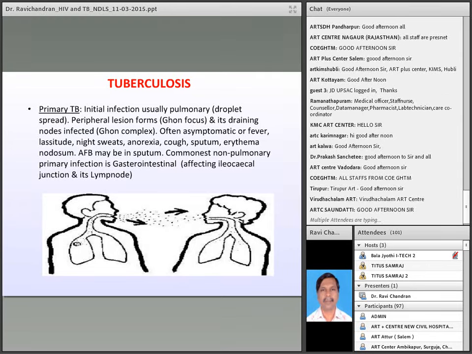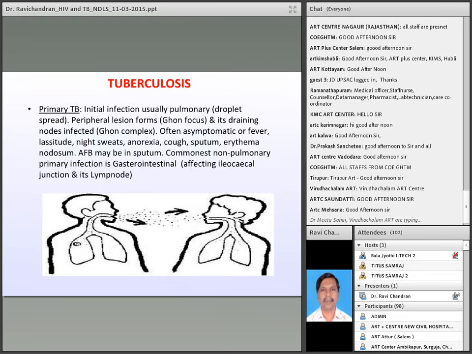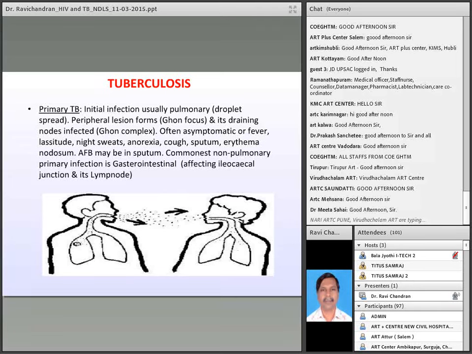The organisms enter mainly the respiratory tract or the gastrointestinal tract. After gaining entry, they go and settle and form a small primary focus.